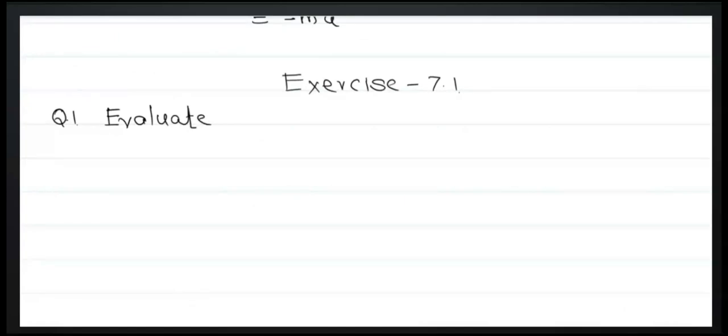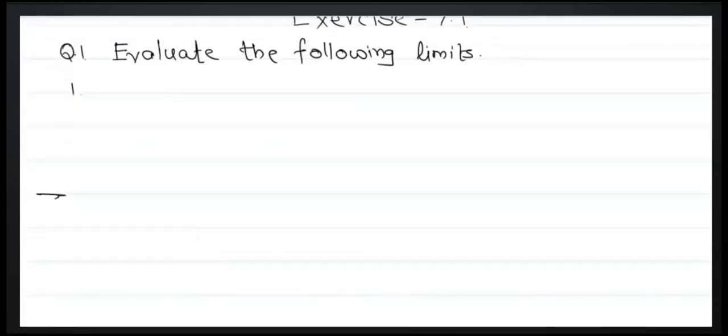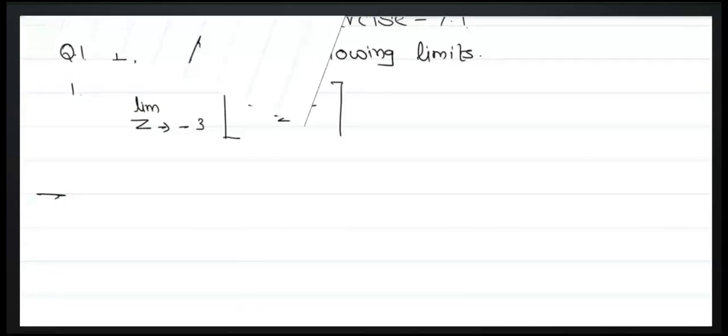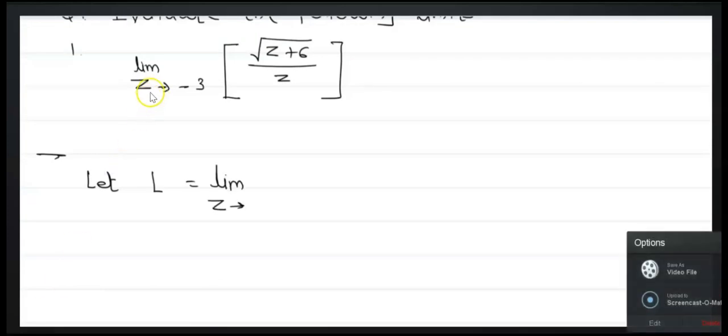Now the exercise 7.1. Evaluate the following limits. That is, the limit as z tends to minus 3 of root of (z plus 6) upon z. Now see this here, the limit as z tends to minus 3. What is the function? Root of (z plus 6) upon z.